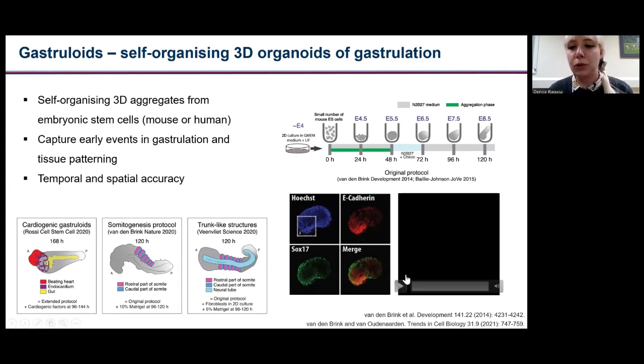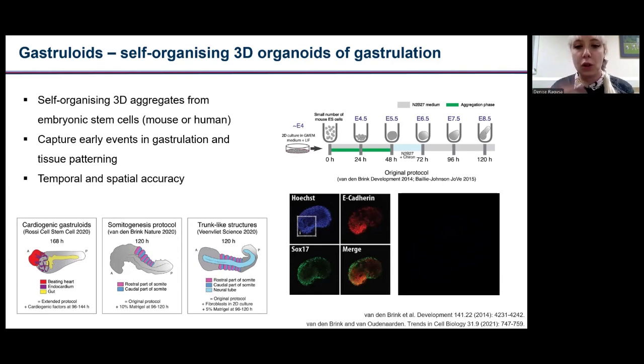And this produces very beautiful 3D aggregates of cells, which again show specific axial patterning that enables us to mimic all these developmental processes in vitro. And again, the setup of the cultures is a 96-well plate, so it is also very amenable to high-throughput downstream analysis.